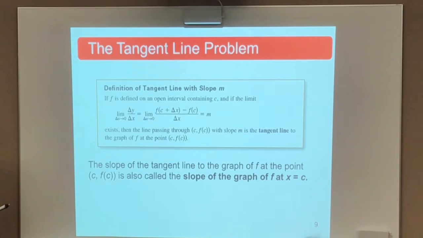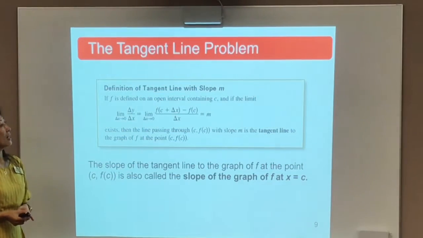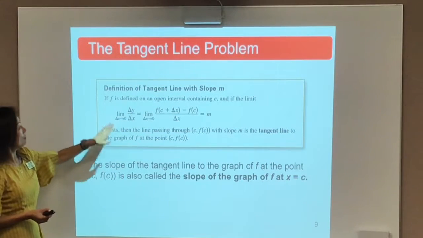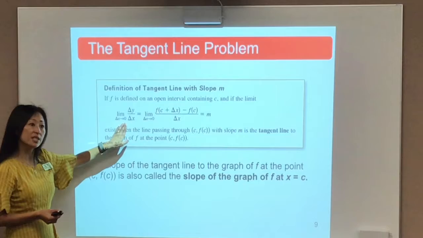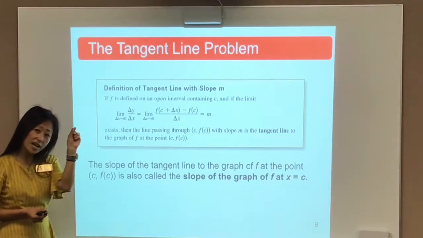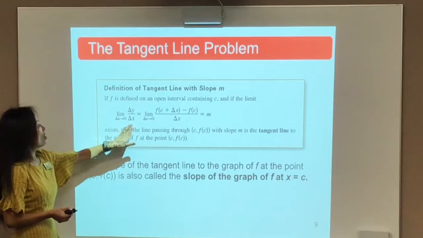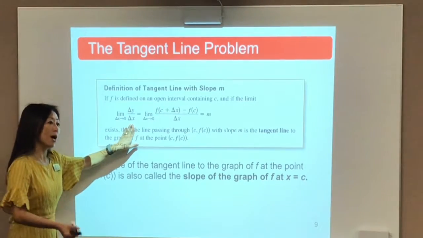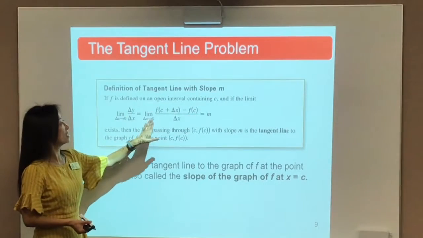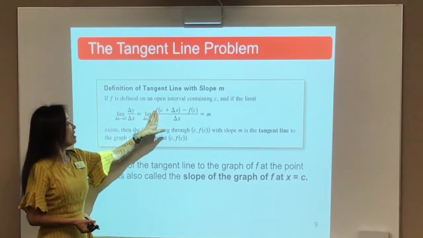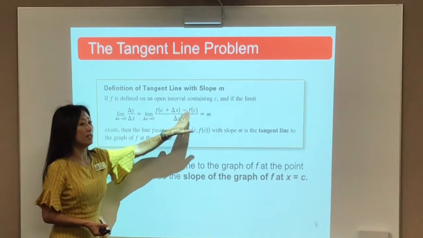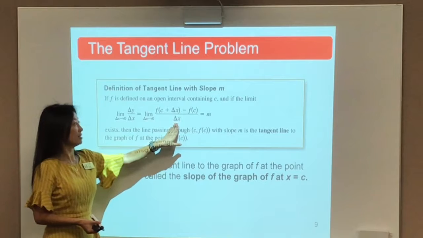All right, so the formal definition. Definition of a tangent line with slope m. If f is defined on an open interval containing c, and if the limit as delta x approaches 0, the change of x getting smaller and smaller and smaller, is everybody with me? Delta y over delta x, I can rewrite it as the limit as delta x goes to 0 of f of c plus delta x minus f of c divided by delta x.